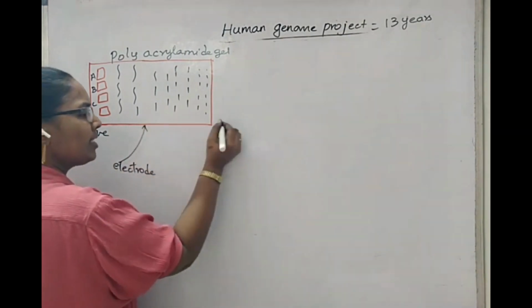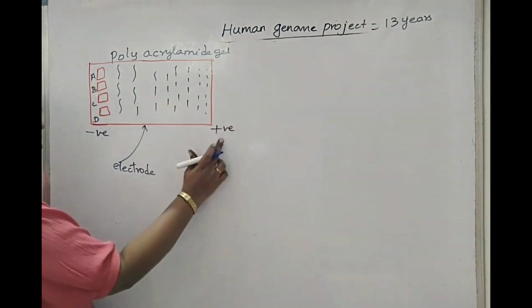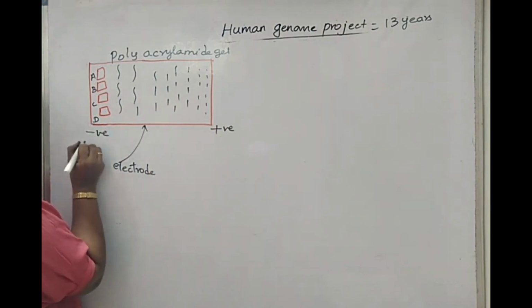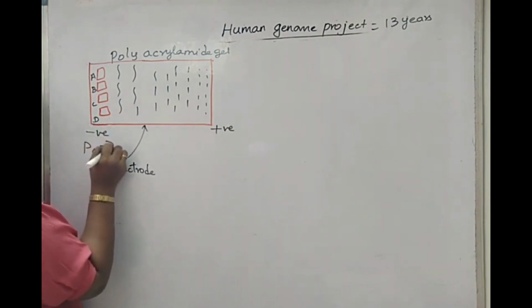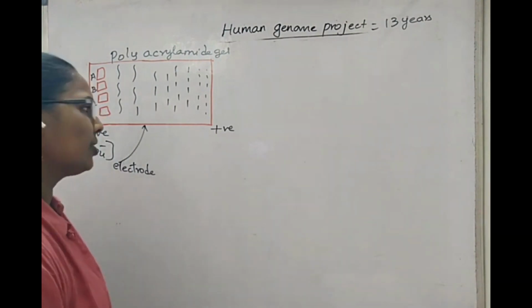The DNA fragments tend to move towards the positive direction, from negative to positive. Here DNA is negative because of the phosphate ions.